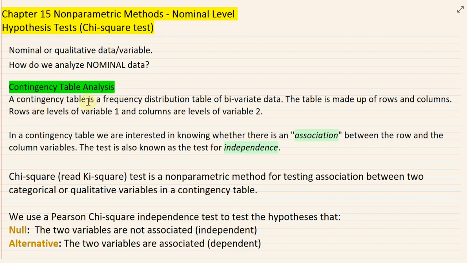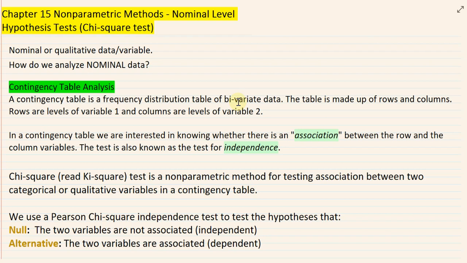So what is a contingency table? A contingency table is simply the frequency distribution of bivariate data. When we say bivariate data, the prefix bi means two. So we have two variables, and keep in mind both of these variables are nominal. Just like with any table that we create, there are rows and columns.